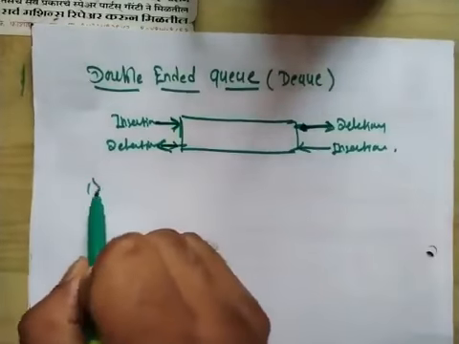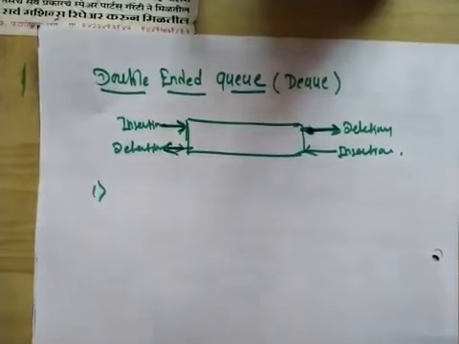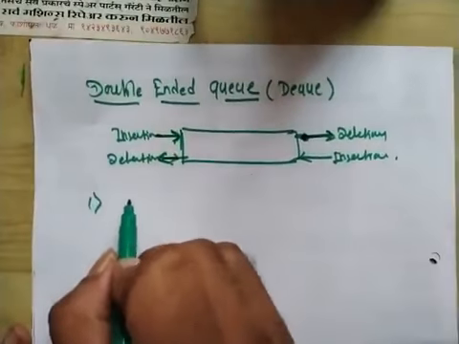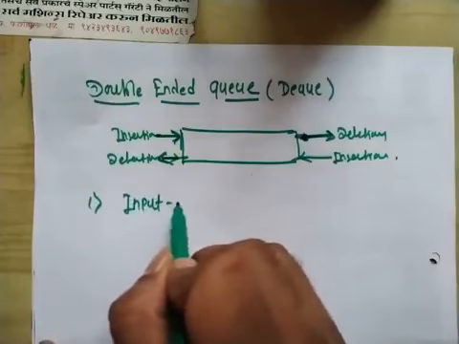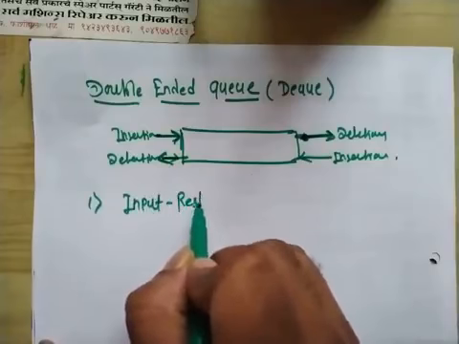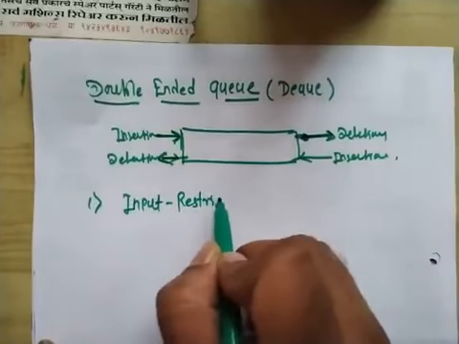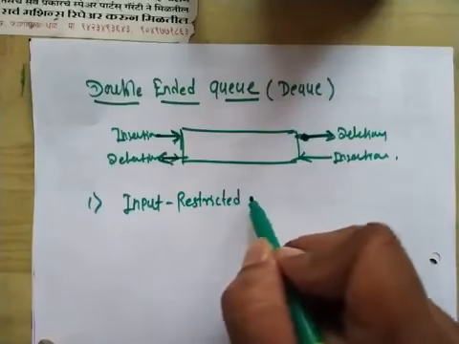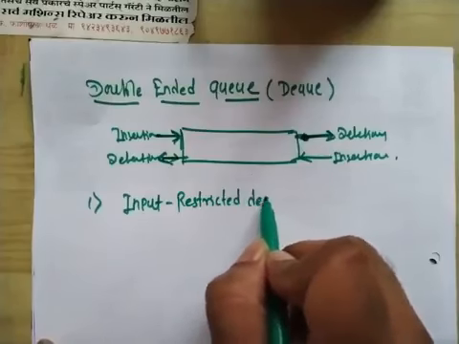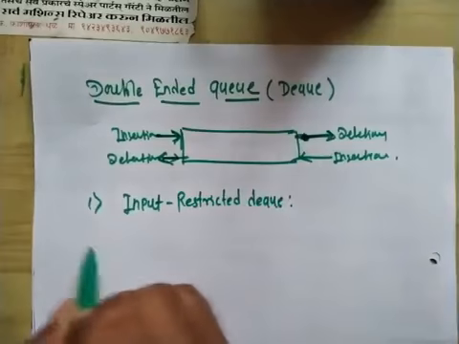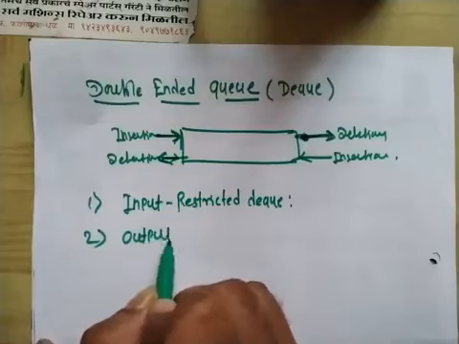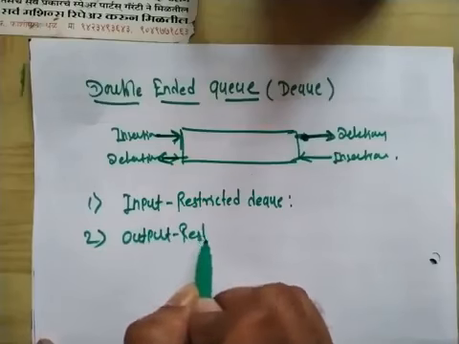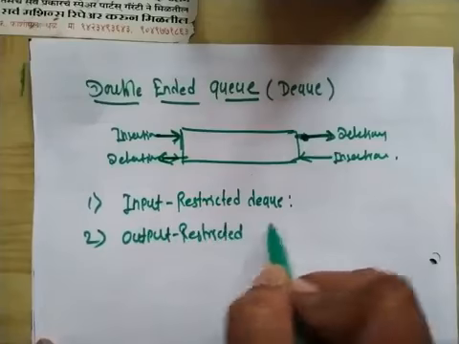The first one is the input restricted DQ, and the second one is the output restricted DQ.